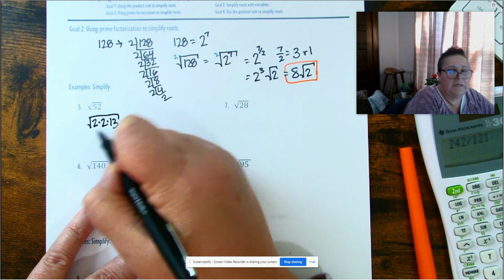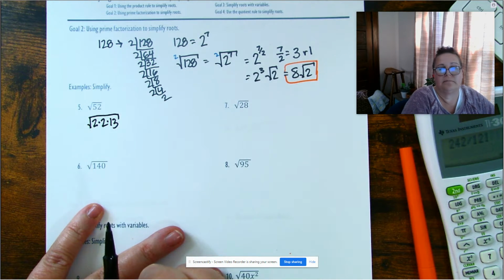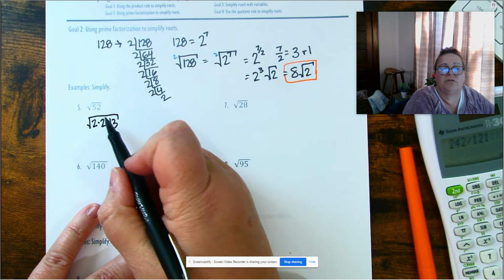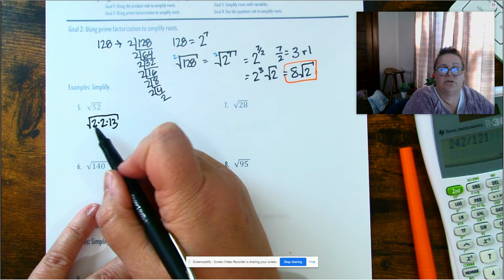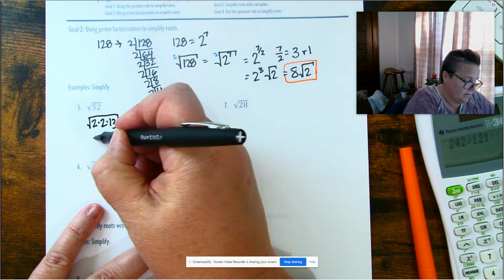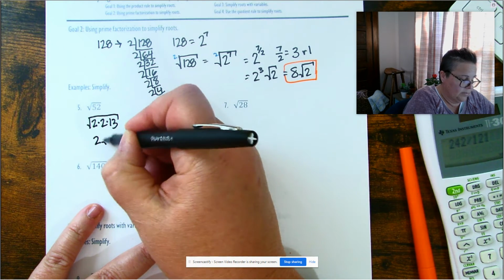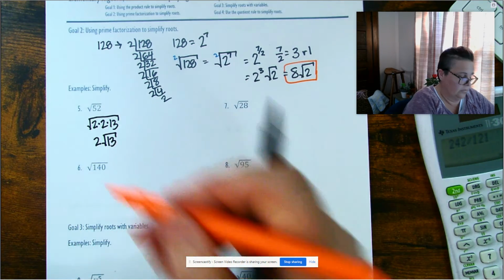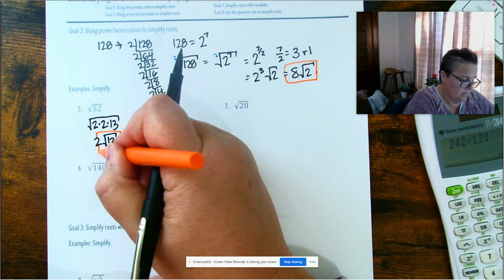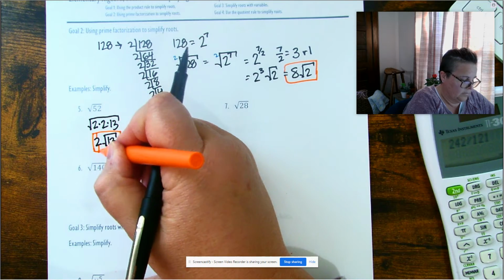So this is 2 times 2 times 13. I see that there are 2 2's, or 2 squared. So the square root of 2 squared is a 2, and I'm left with the square root of 13 underneath. So this is 2 square roots of 13.